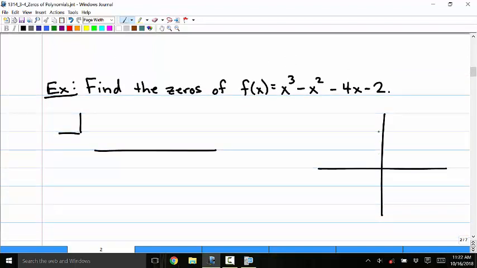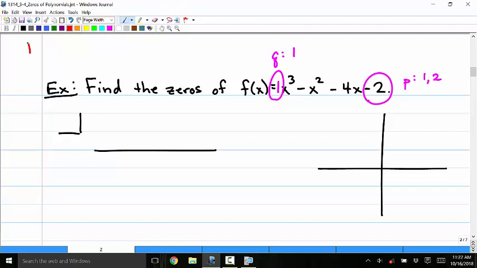Before we find them, I want to list all possible rational zeros. This is P. So what are factors of P? 1 and 2, that's it. What is Q out front? 1. So what are the factors of Q? 1.